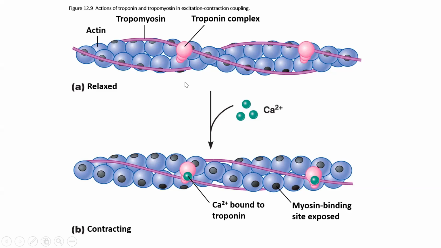If there's no calcium, actin cannot bind to myosin. We cannot have cross-bridge cycling or shortening or contracting of the muscle. If there is calcium, actin is now exposed, right? Those myosin binding sites on actin are now exposed. And so myosin can interact with actin and bring about that cross-bridge cycling or shortening of the sarcomere.